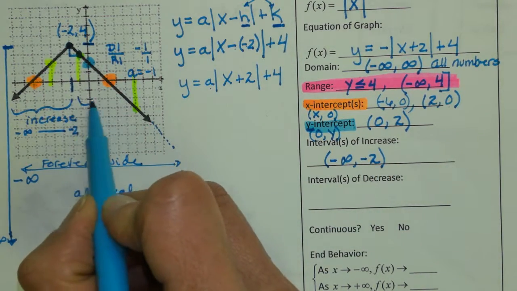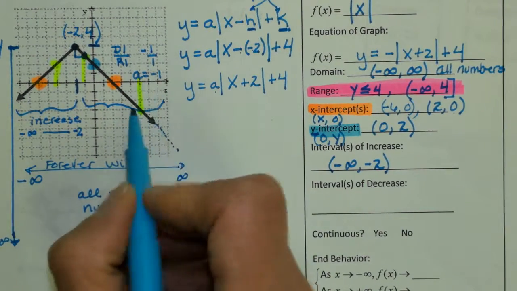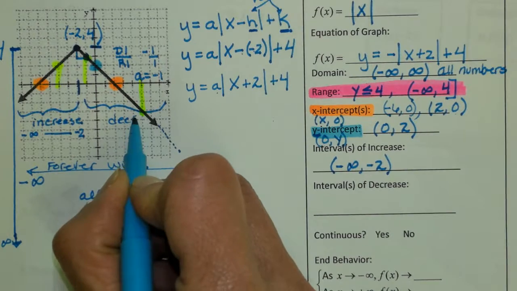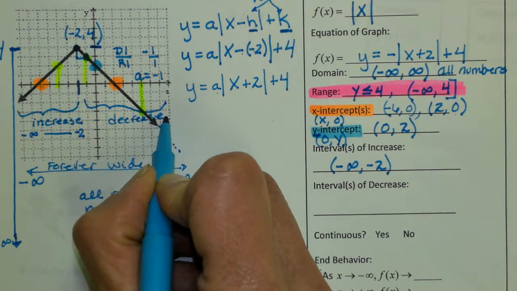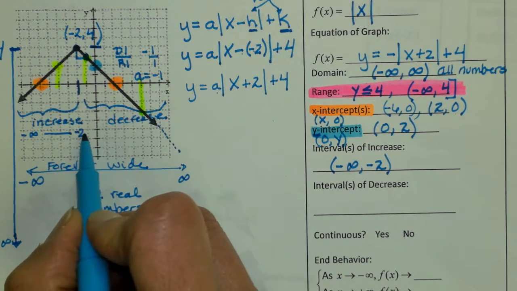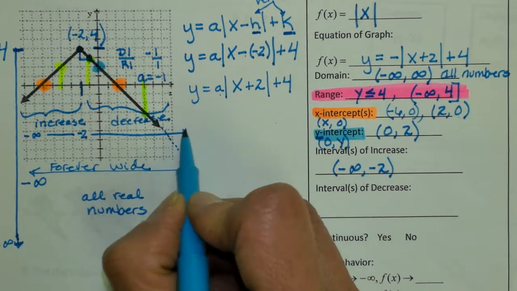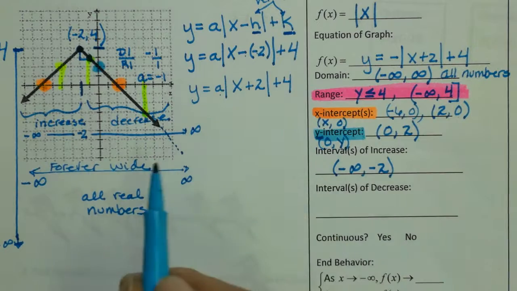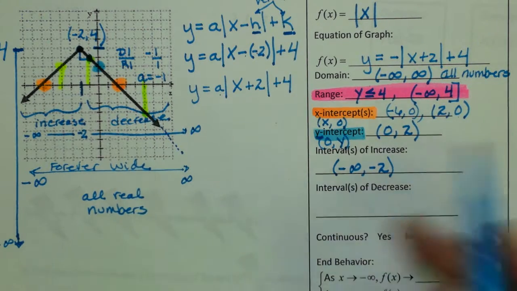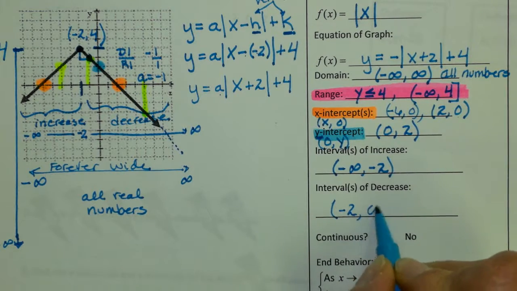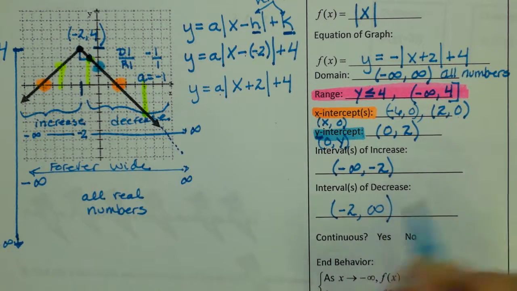This part here, forever, notice I went beyond because it's going forever, is my decrease. Where does that start? Well, that starts at negative 2, and that goes forever to positive infinity. Remember, we're looking at x values. So this here, negative 2, all the way to positive infinity.